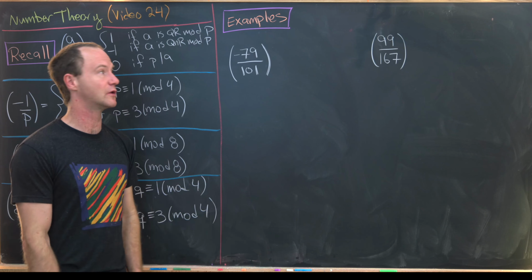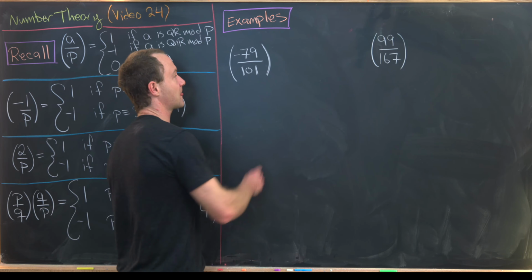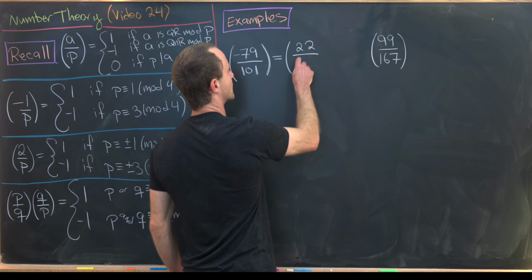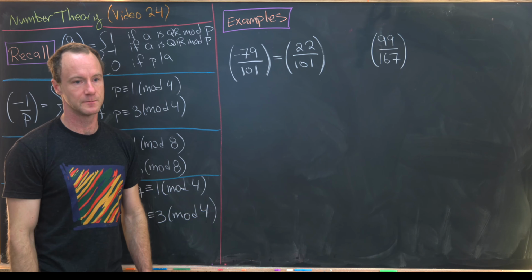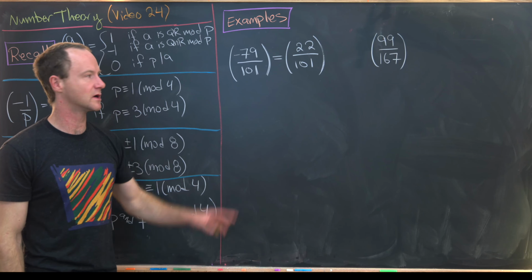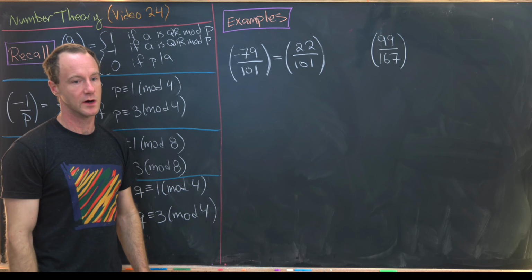It follows pretty quickly just from the definition of quadratic residues in the first place. Okay, so we know that this is equal to the Legendre symbol 22 by 101, and so that's just by adding 101 to the top part. In other words, 22 is congruent to -79 mod 101.